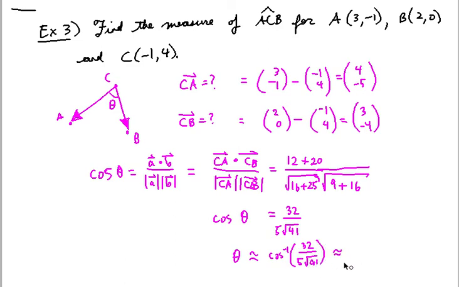And if I do it on my calculator, I end up getting about 1.79 degrees. Okay? And so this is the angle between these two vectors. And so therefore you could say, let's just write that over here, the measure of angle ACB is 1.79 degrees. Okay?